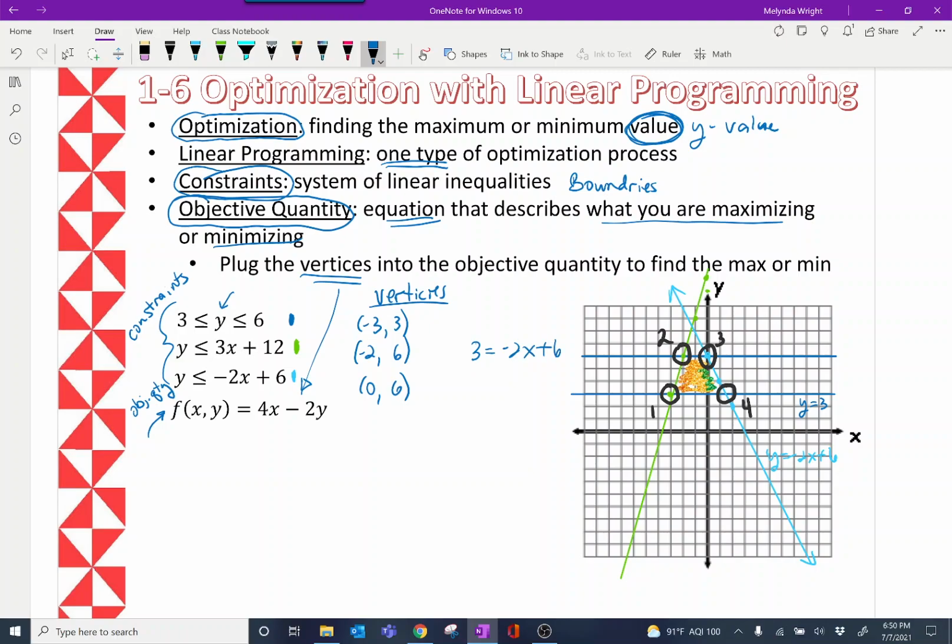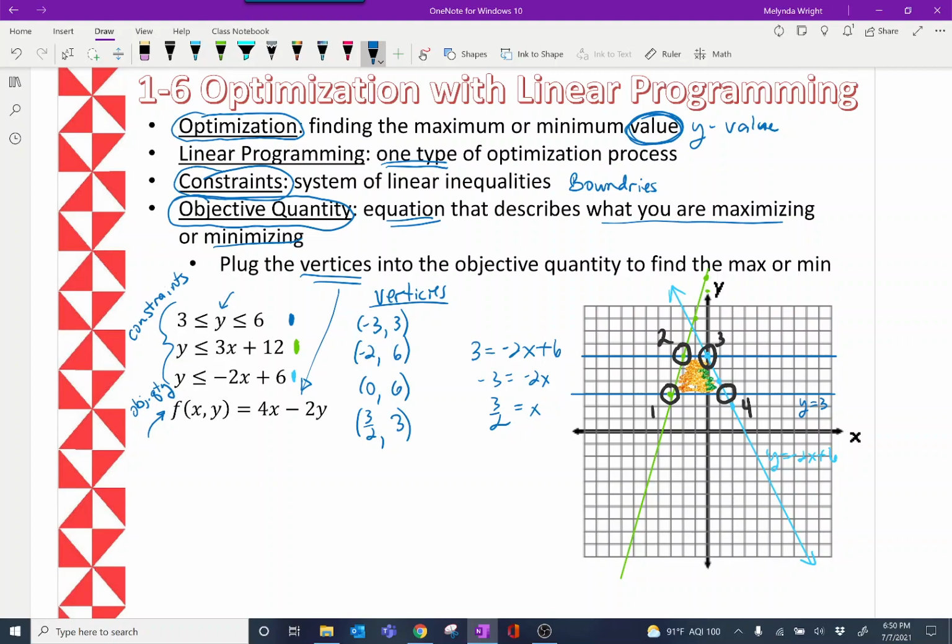So I'd move the 6 over. What would that give me? Negative 3 equals negative 2x. So x is basically 3/2. All right, so I've got the x value of that vertex. Now, how do you think I might find the y value? Well, the y value happens to be 3, right? It's on this dark blue line. So there's vertex number 4.